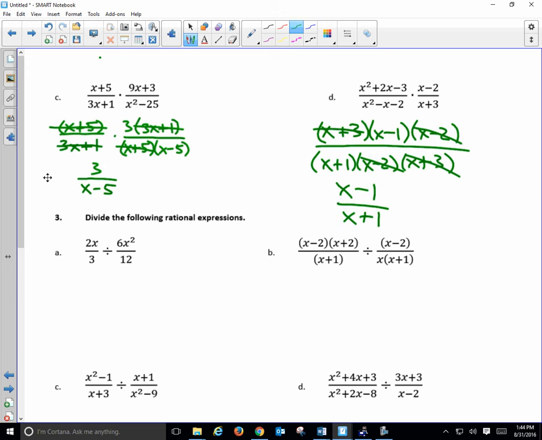Okay, for letter C, you should get 3 over x minus 5, and for letter D, you should get x minus 1 over x plus 1. Any questions on that?